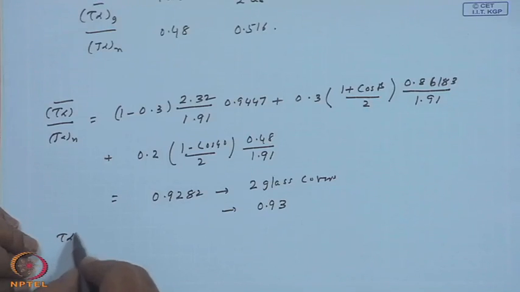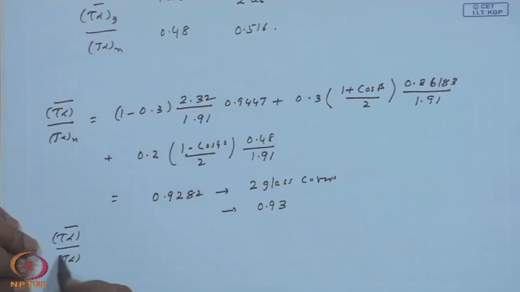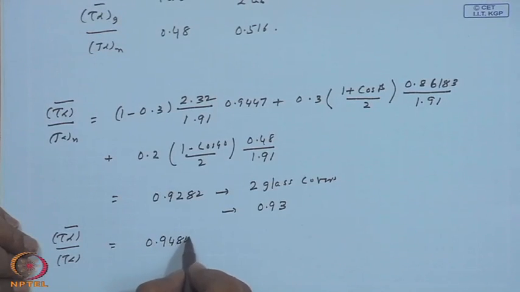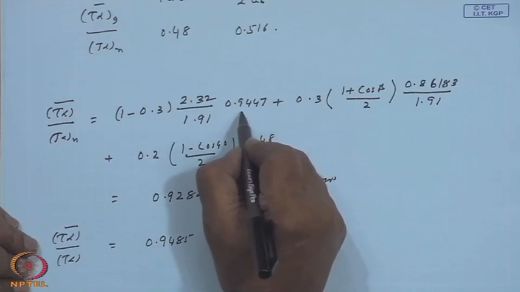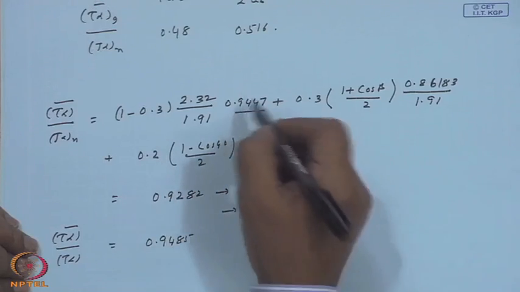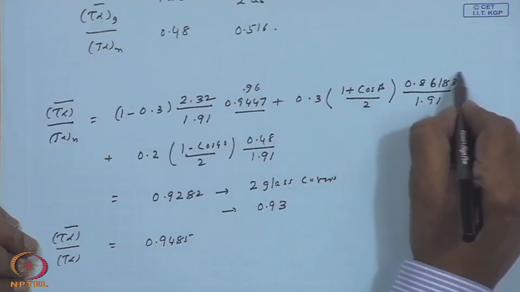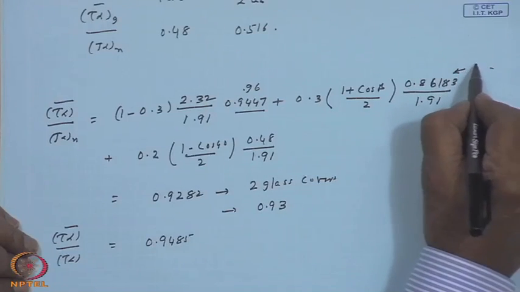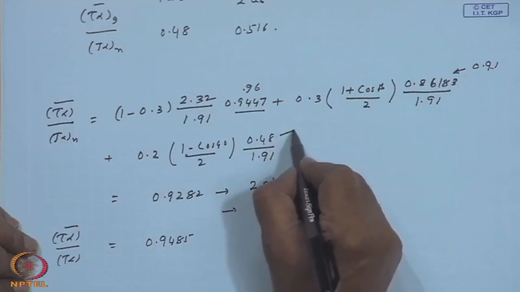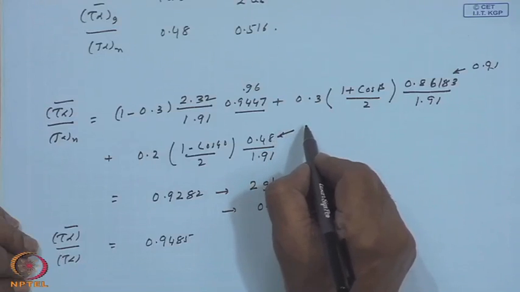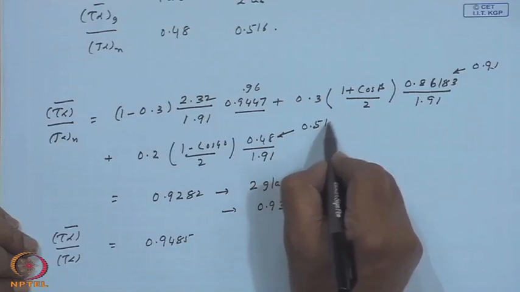But if I do it with 1 glass cover, tau alpha bar by tau alpha n is 0.9485. What I have done is I have replaced this 0.94475 with 0.96 and this one with 0.91 and this one with 0.516.